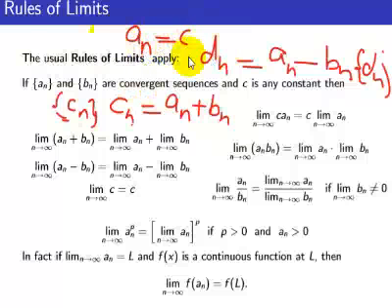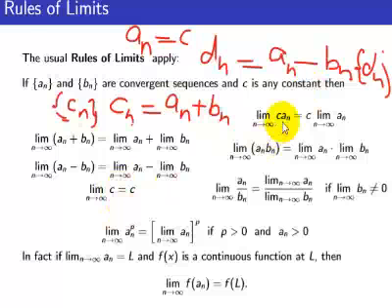It does not depend on n. So the limit of a constant sequence is equal to itself, right?